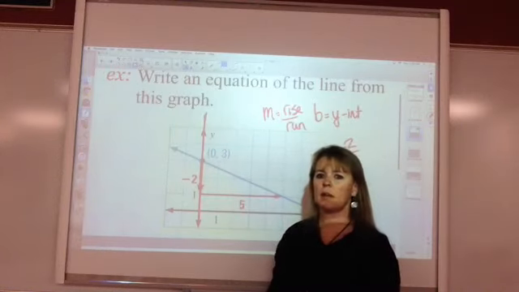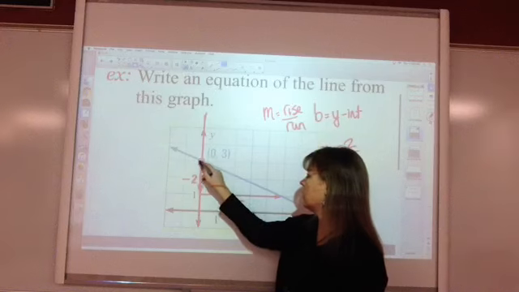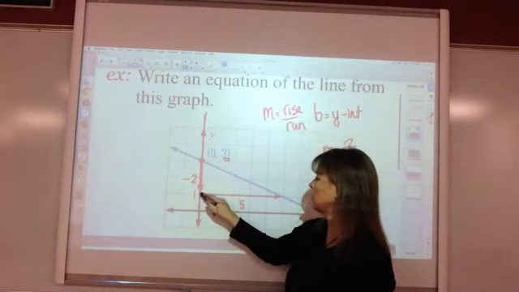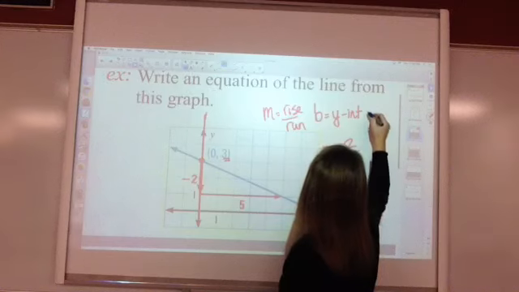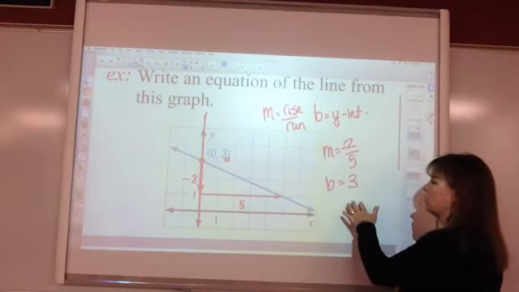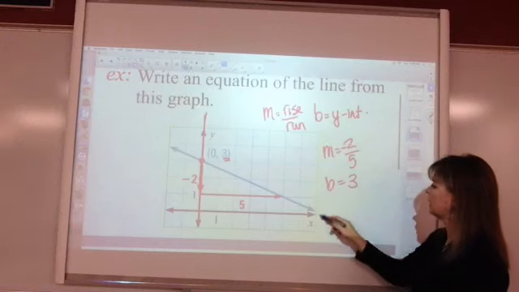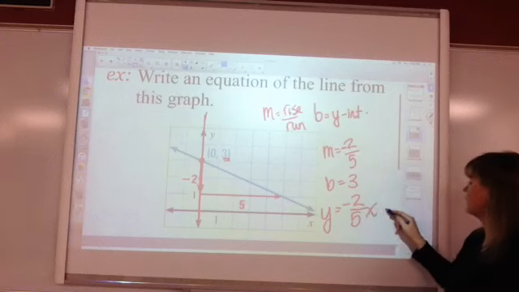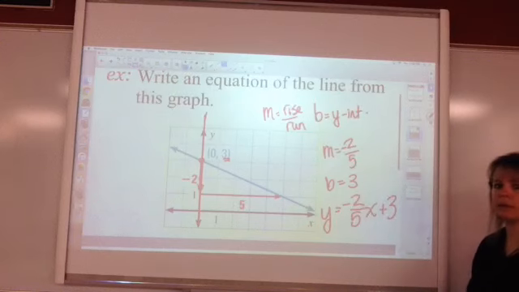And where is this point on the y-axis? Right there, at 3. You can either count 3 or see it as 3. 1, 2, 3. B equals 3. Put it all together, because it does say write an equation of the line. You get y equals -2/5 x plus 3.